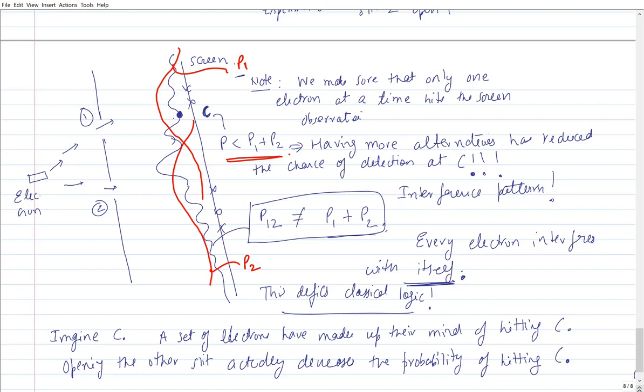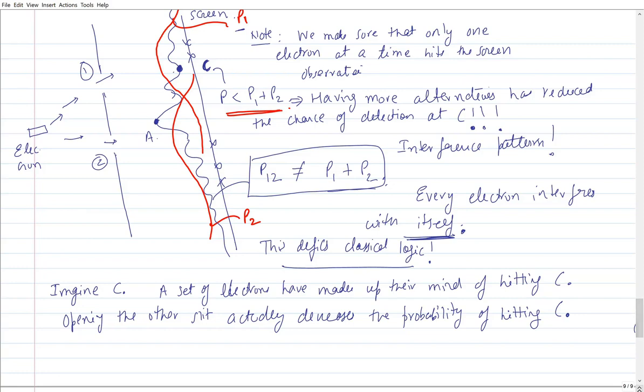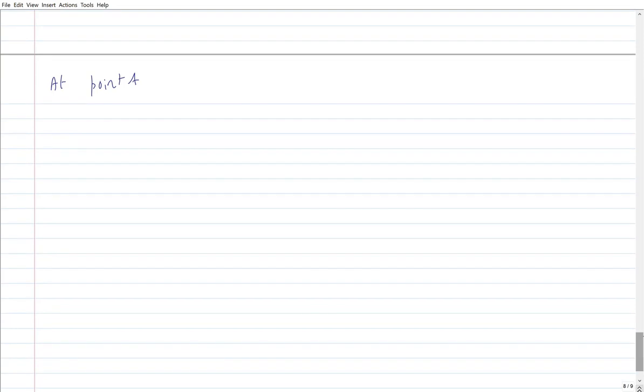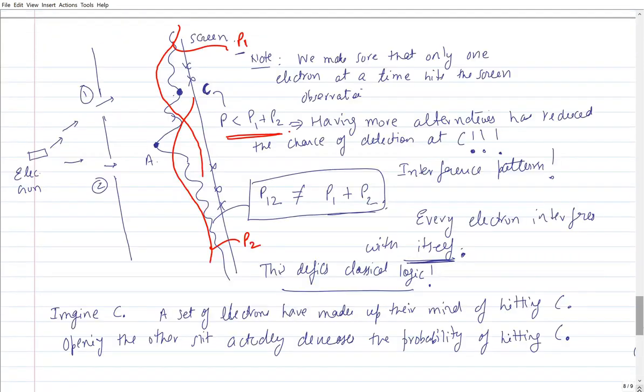Also, let's consider this particular point A. At point A, which is at the center of the screen, the probability is more than twice of P1 and P2. We'll do this mathematically in more detail, but hear me out. Maybe I should redraw the figure.